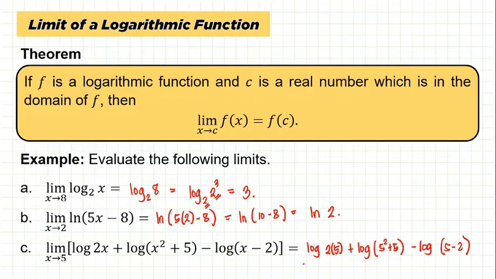So from that, this will now be equal to log of 10 plus log of 25 plus 5 is 30 minus log of 3.